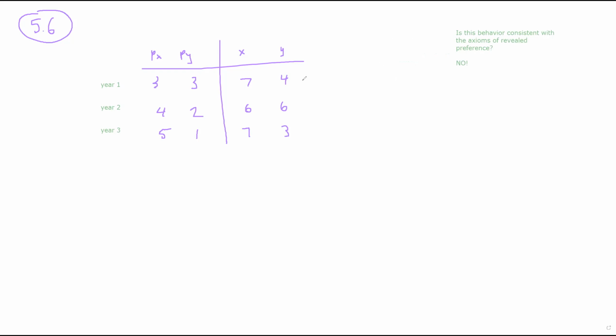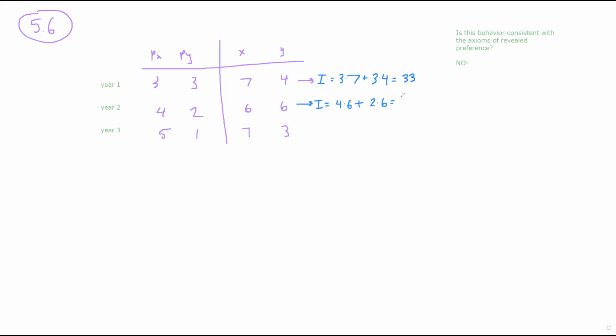It might help to figure out how much income is spent on these things. So here, this has an associated income of 3 times 7 plus 3 times 4, which is $33. It took $33 to buy these goods in this year. Let's do it again. For year 2, we bought 6 units of X, each costing $4, and 6 units of Y, each costing $2.